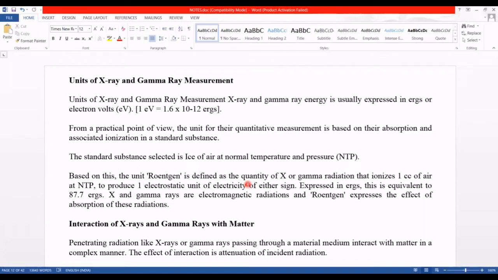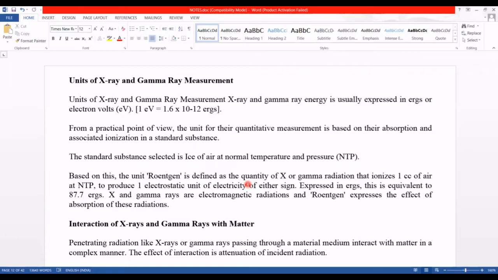That film is exposed to this radiation, which causes a permanent impression on the film. The main principle in the formation of the X-ray or gamma ray film is ionization. The radiation causes ionization of the particles on the film, which causes the permanent impression.